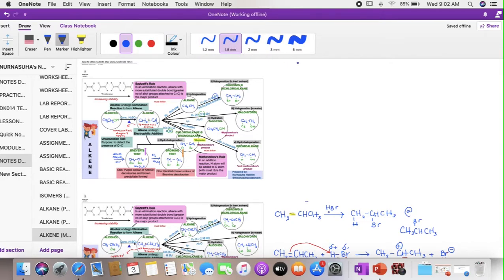Katakanlah dia bagi awak 2 compound. Dia bagi awak 1-butyne, satu lagi dia bagi 2-butyne. Lepas tu disuruh awak tentukan macam mana nak bezakan butyne dengan butyne.